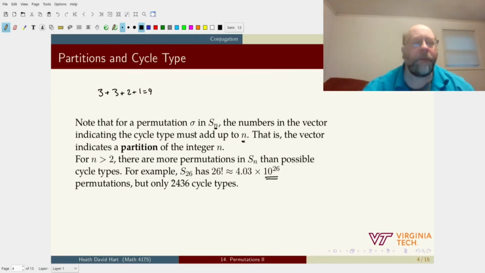But only about 2.4 times 10 to the third, 2,436 cycle types. And so if we're trying to identify this permutation against a machine that is very difficult to break, if we can narrow down the cycle type first, that will eliminate lots and lots of these possible permutations.